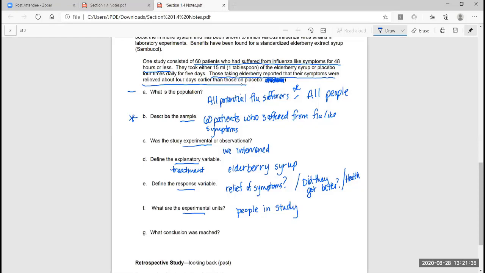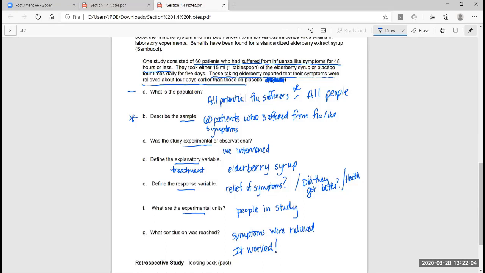Or you could say symptoms were relieved. You could say it worked. Again, there's a lot of different ways to communicate that. The whole point of the study was, is the elderberry syrup working? It looks like it is.